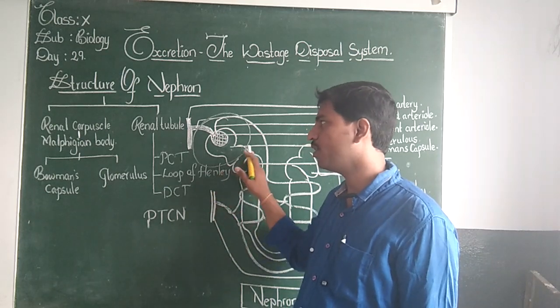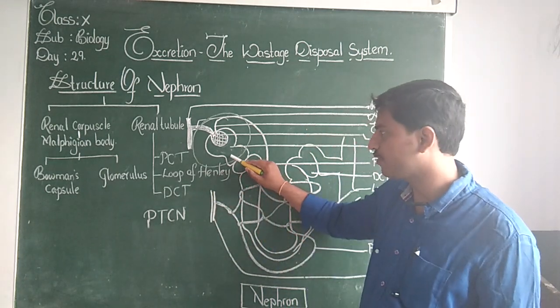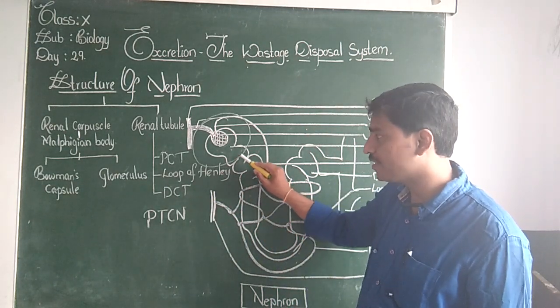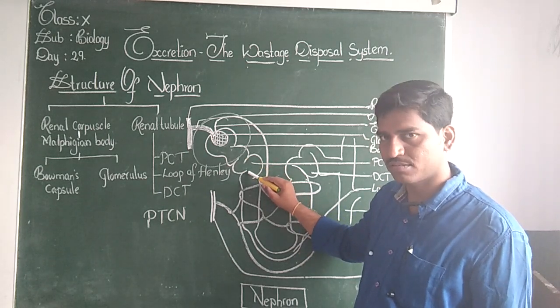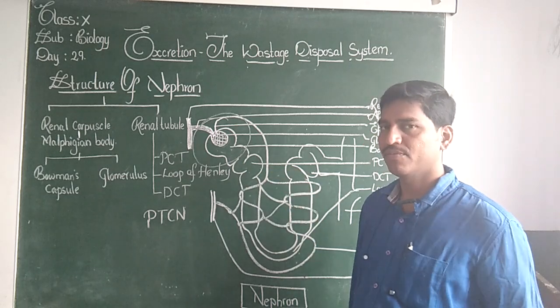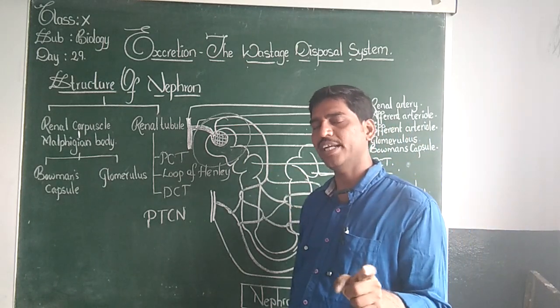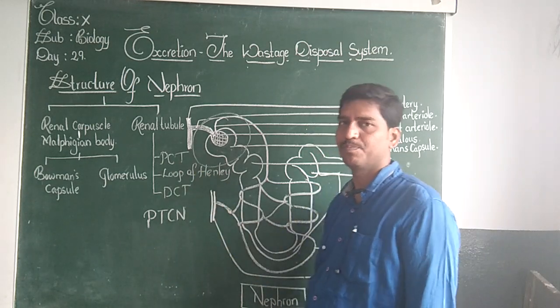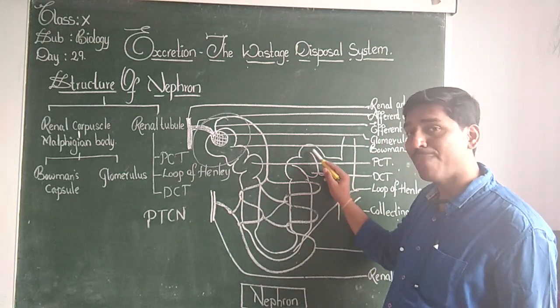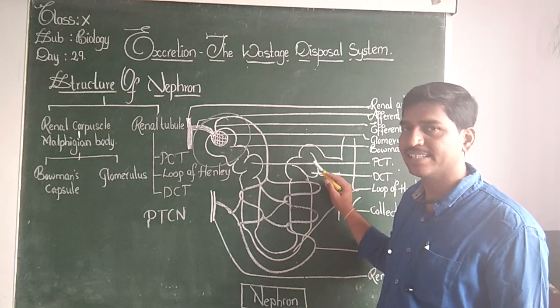Next, let us look at the renal tubule. I told you the first part is proximal. Proximal is nothing but front. Convoluted means foldings, and it is a tube. The first part is folded and tube-like, so we call it the proximal convoluted tubule. The back part is called distal.